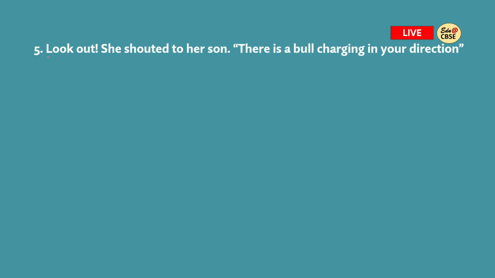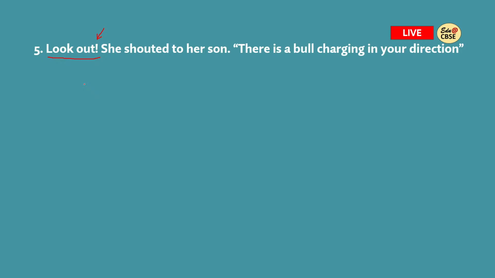Now pay attention to this also. "Look out," and there is an exclamation mark here. So pay attention to this. She warned her son that there was a bull charging in his direction. She exclaimed with anger that there was a bull charging in his direction.